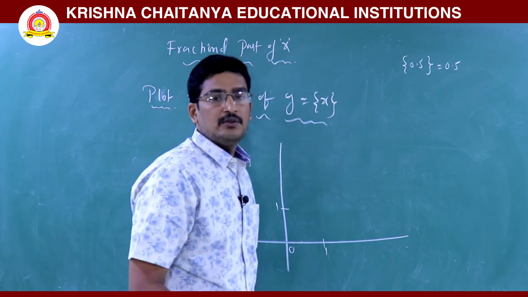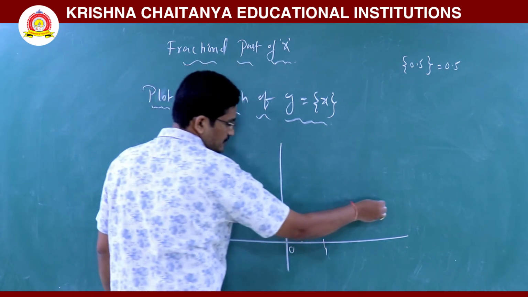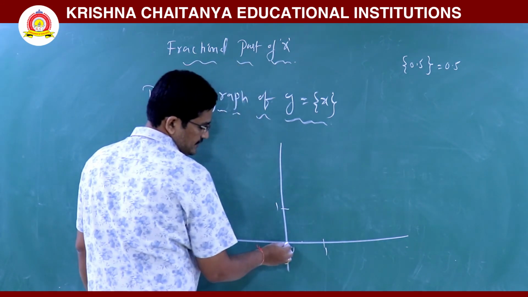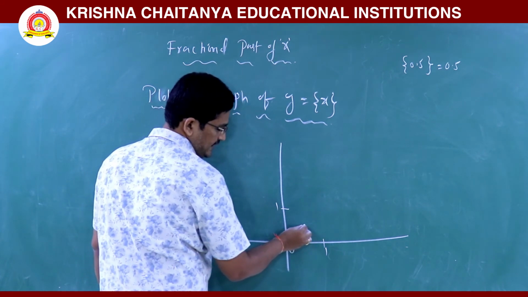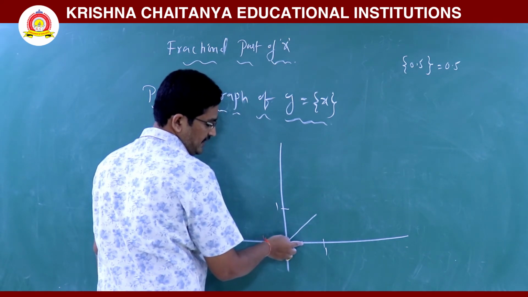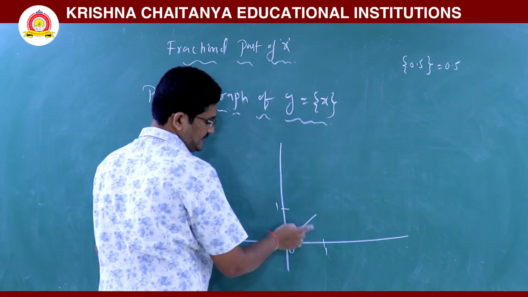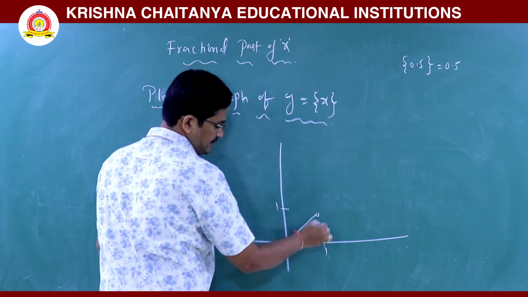At 1, 0: 1 is an integer, the fractional part of 1 is 0. The curve moves like this, 0.1, 0.5, 0.6, 0.9. At 1 it jumps to here.